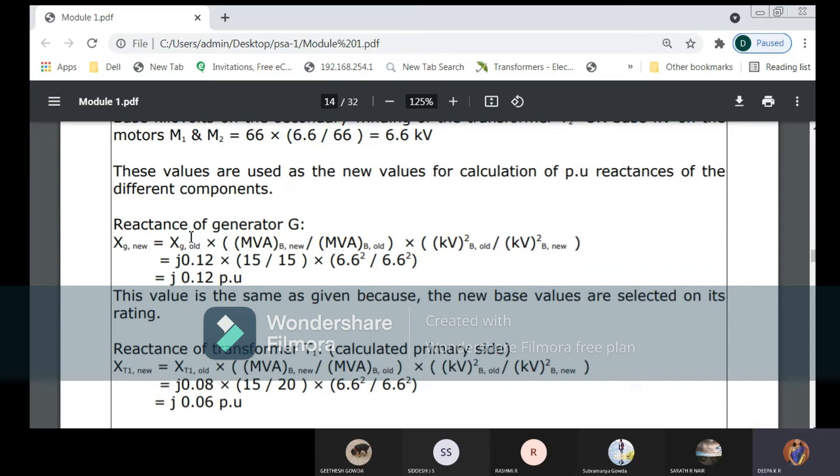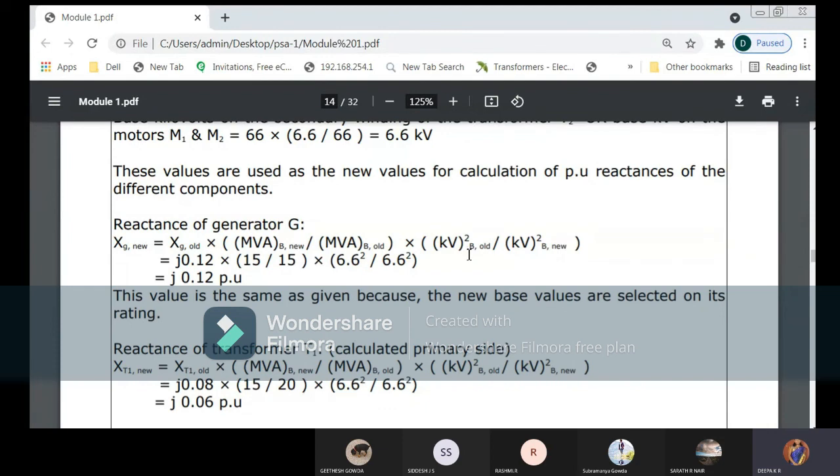But it is a percentage, and I want to convert that to per unit. So j0.12 into, from the problem, the old MVA value is 15, and you have selected the new MVA for all the sections as 15. So 15 by 15. Fine. Next, the kV whole square old.